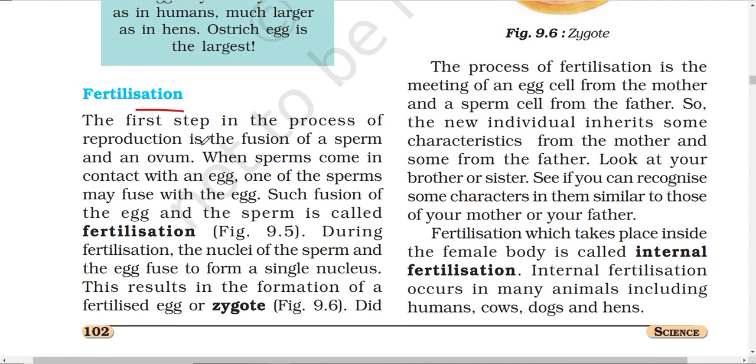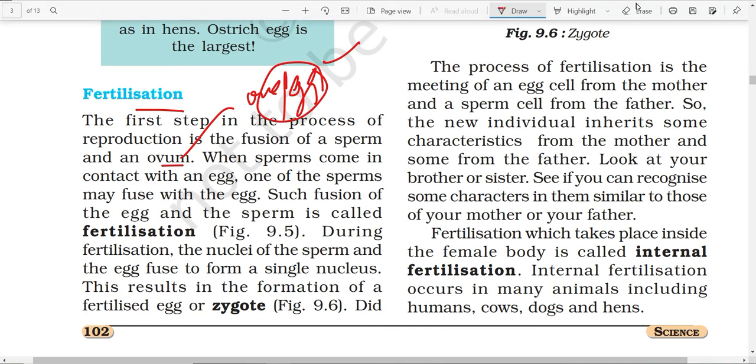The first process in reproduction is the fusion of a sperm and an ovum. Ovum is the same as ova and egg, so you should not get confused about what is ovum and what is egg.